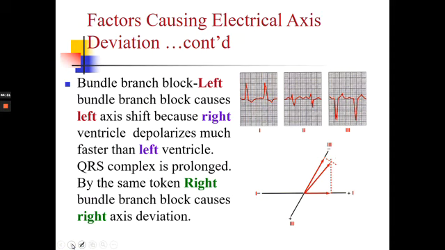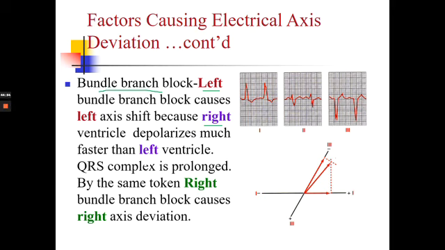In case of left and right bundle branch block, left bundle branch block causes left axis deviation, and right bundle branch block causes right axis deviation. In left bundle branch block, just understand it like that.